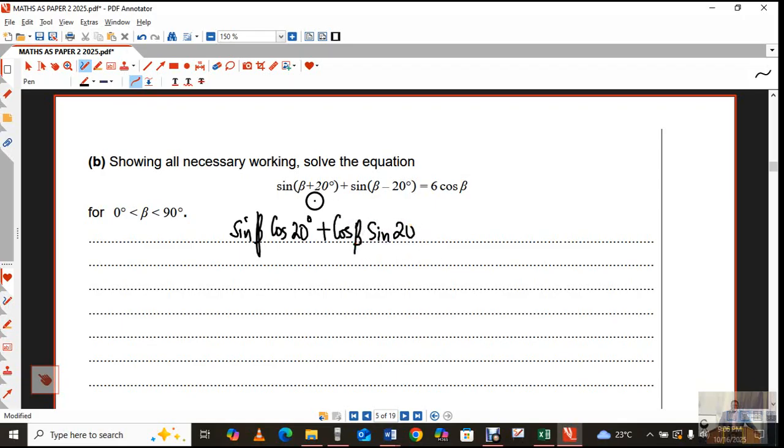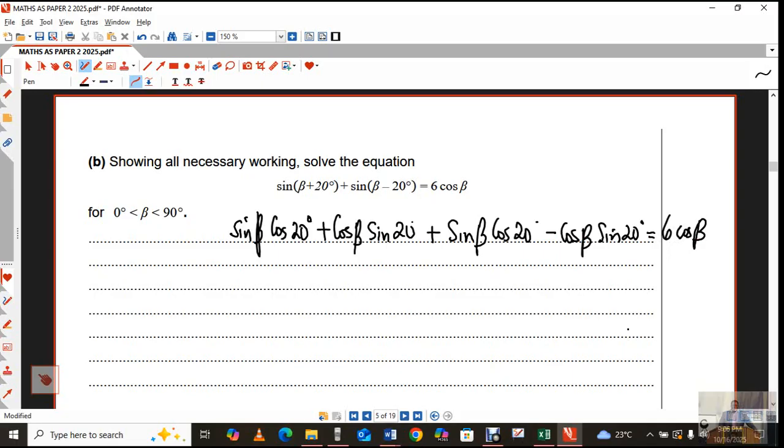That's what this one over here gives you. Then we're going to plus sine beta cos 20 degrees minus cos beta sine of 20 degrees. Now, obviously, all of this should equal, and I'm running out of space, but remember in the exam you may not write in this margin.